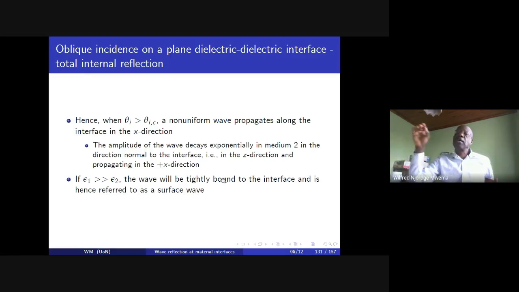Such a wave is usually called an evanescent wave or a surface wave. That is, if we were to make the relative permittivity of medium 1 much greater than the relative permittivity of medium 2, then alpha 2 will be so big that the wave decays quickly and is tightly bound to the interface, or to the surface of medium 2.